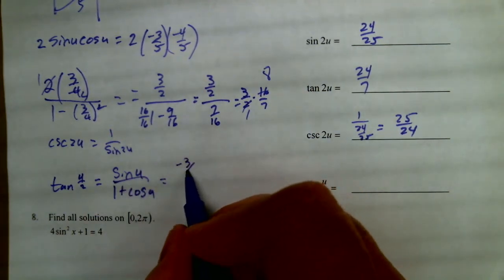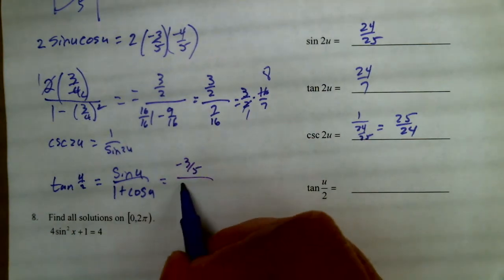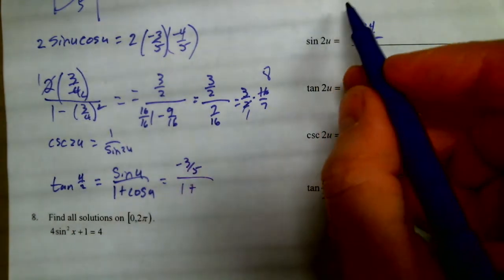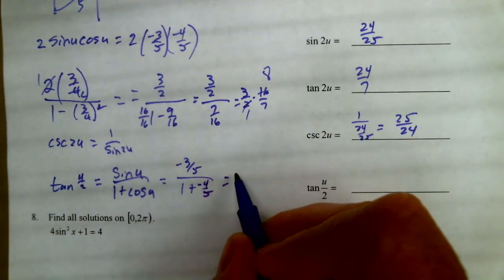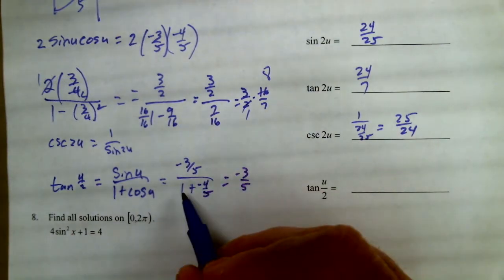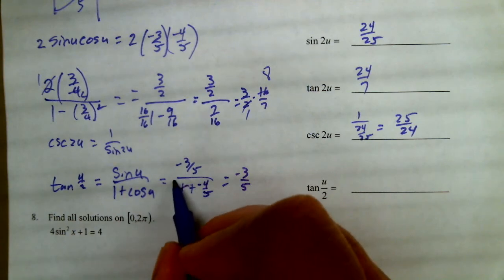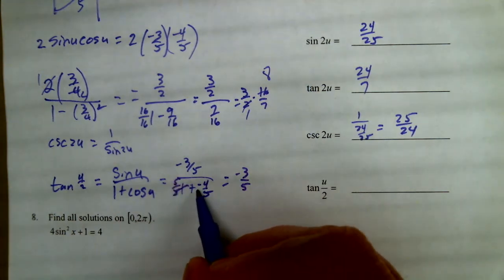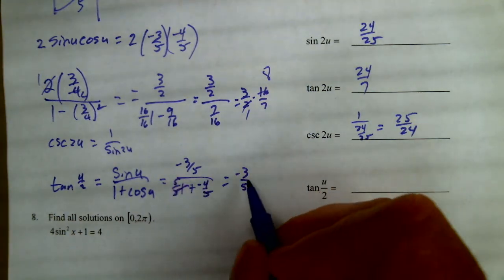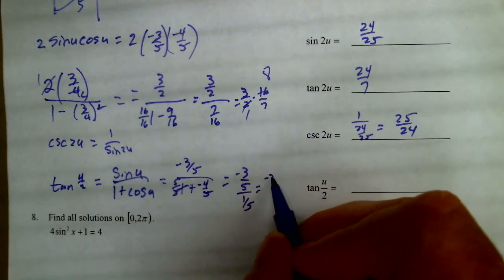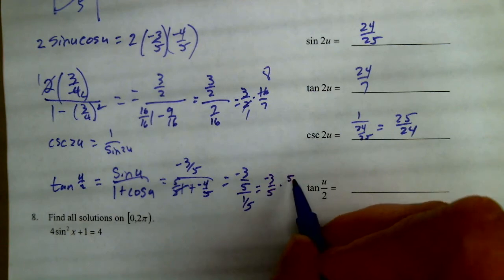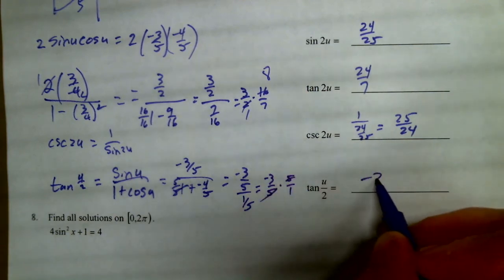I get negative 3/5 on top, 1 plus the cosine, which is negative 4/5. So I get negative 3/5, and I'm going to replace 1 with 5/5 again. 5/5 minus 4/5 is 1/5. And that's the same as negative 3/5 times 5 over 1, or negative 3.